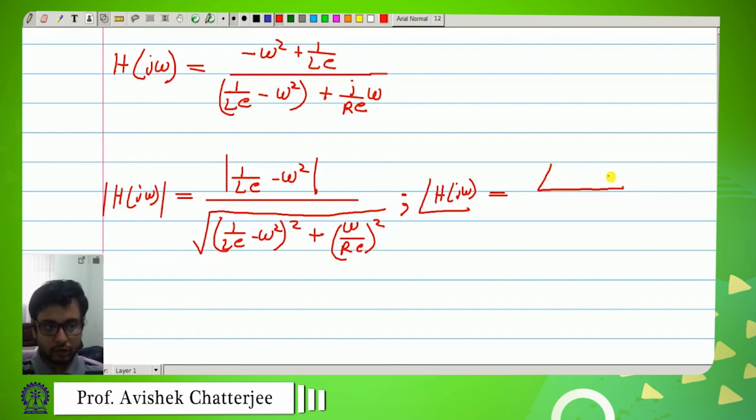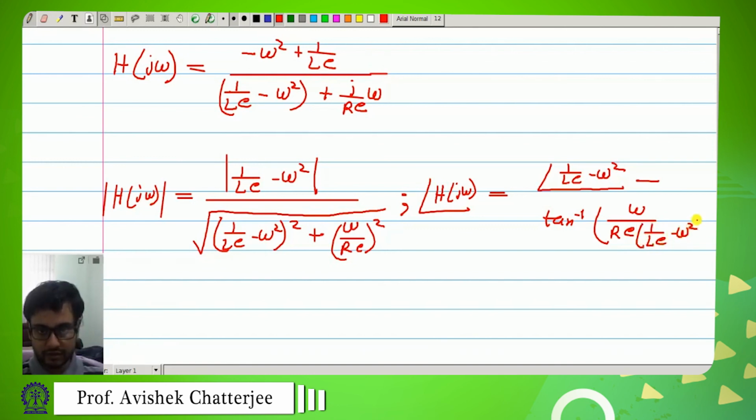So angle of 1 by LC minus omega square, then minus the angle of the denominator, that is tan inverse of omega by RC divided by this, that is 1 by LC minus omega square.